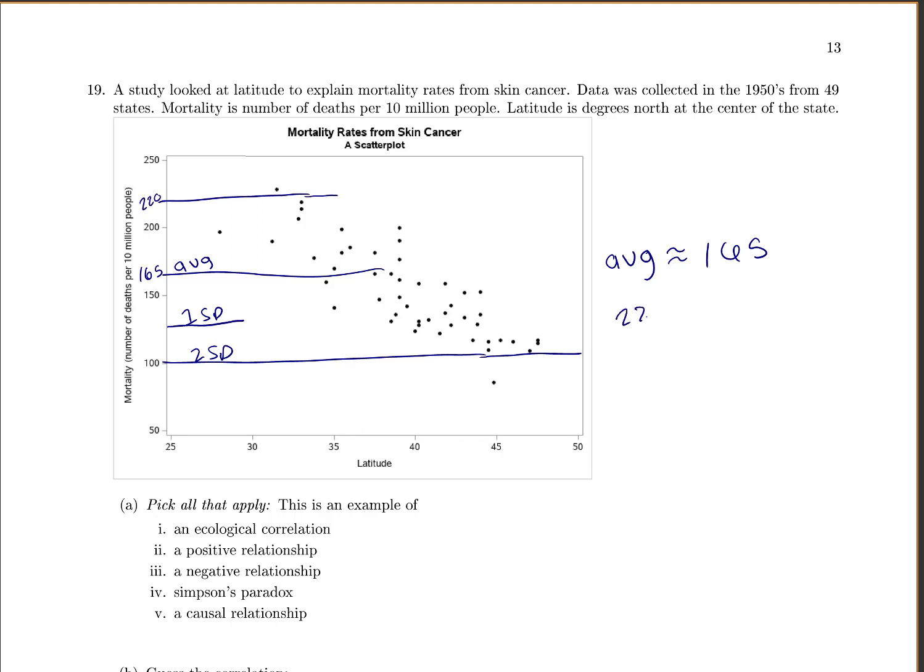So I might say like 220 minus my bottom of 100 is about 120, and it's divided into 4 total sections. So 120 divided by 4 equals about 30. So I'm guessing my SD is probably about 30.